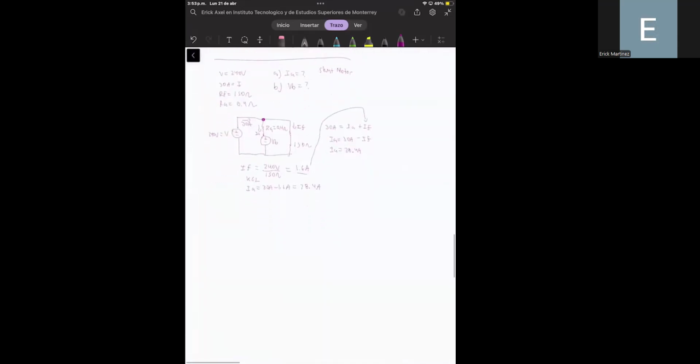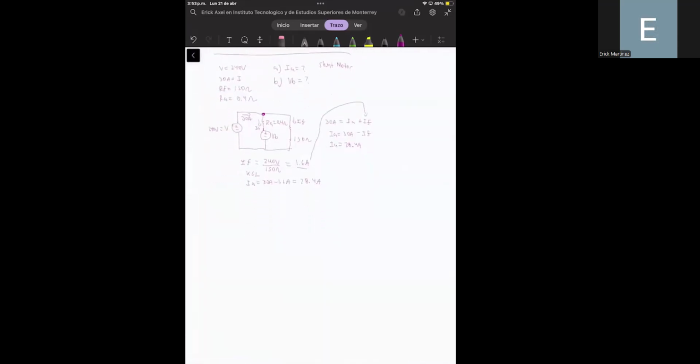And with that information, we can also apply the Kirchhoff voltage law to this loop, okay? So if we apply the Kirchhoff voltage law to this loop, we have minus 240 volts plus the armature resistance times the armature current plus the back EMF voltage, and this is equal to 0.